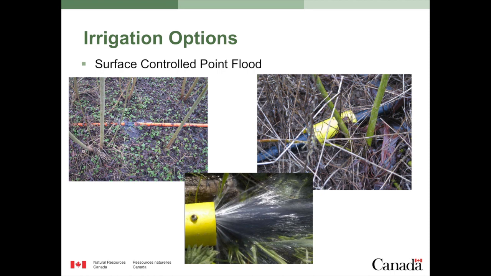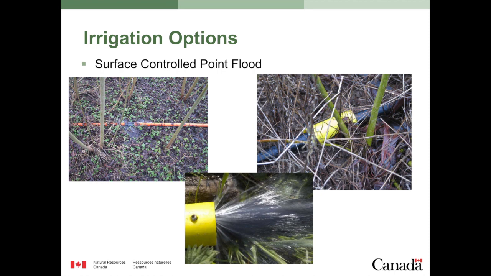Just this little pool of water that works its way over the surface and soaks in and spreads out over time, and you adjust your irrigation interval so that you're meeting the requirements of your crop without overdoing it.